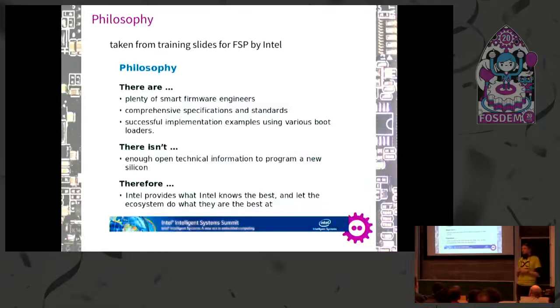This is also briefly mentioned in some other references which I put here, like for example the FSP training. There is a slide saying that Intel knows there are lots of firmware engineers out there. It doesn't really say that directly, but it looks like they don't want to disclose all the information. So as a workaround, they provide the binaries.